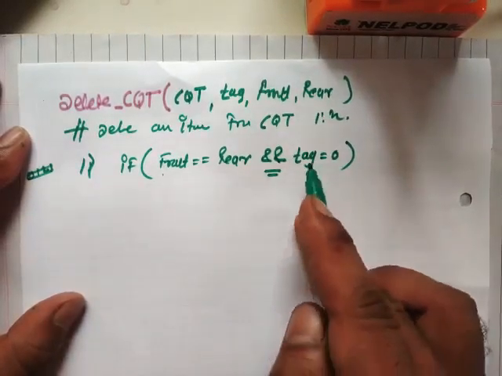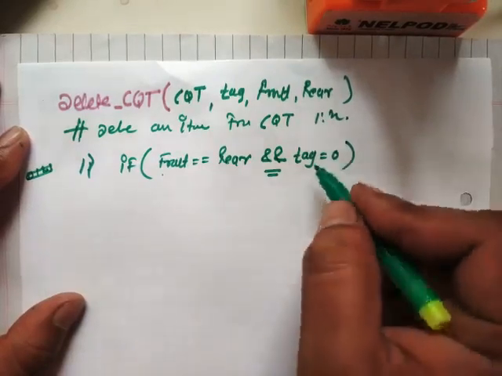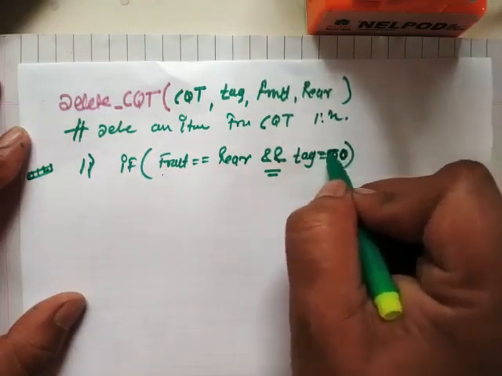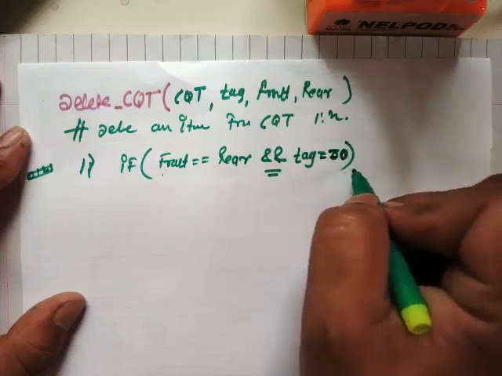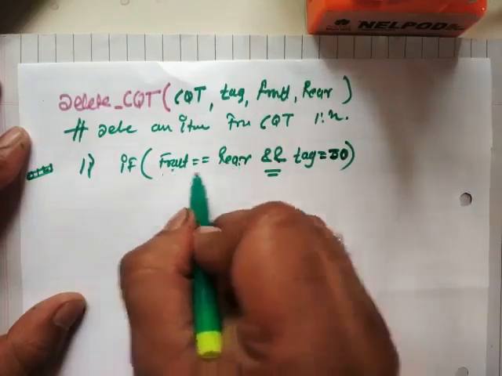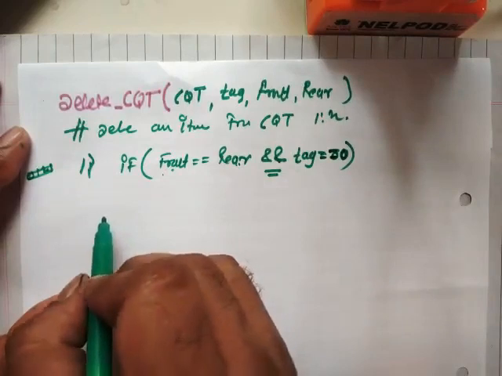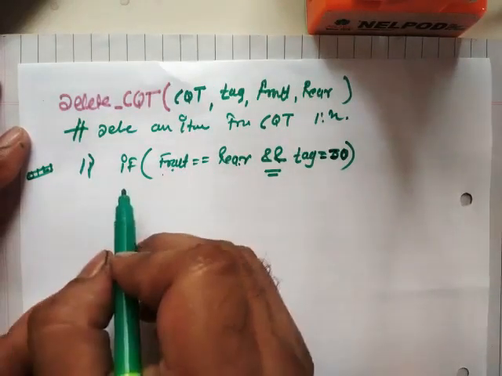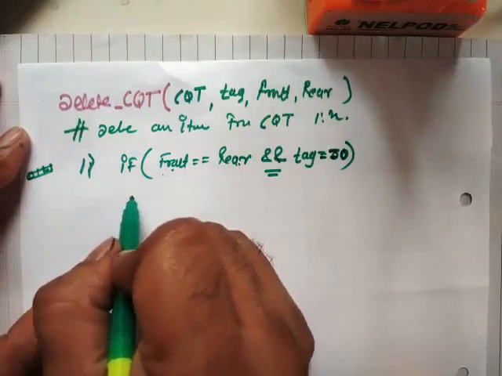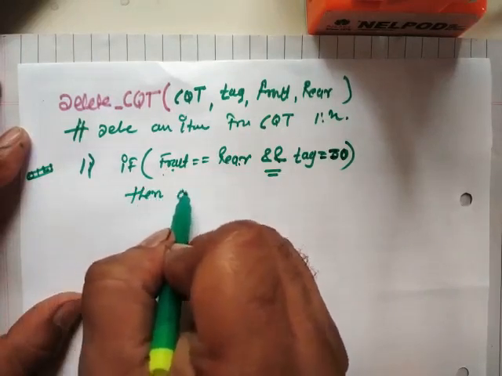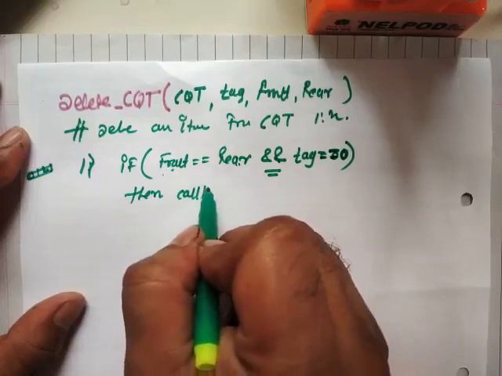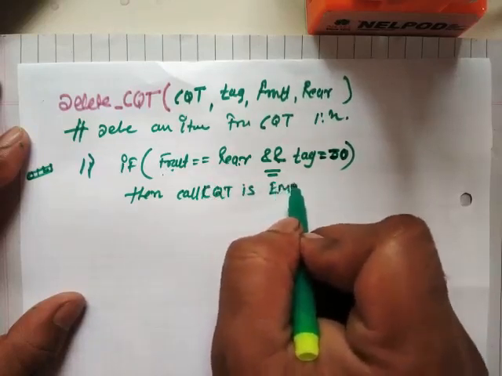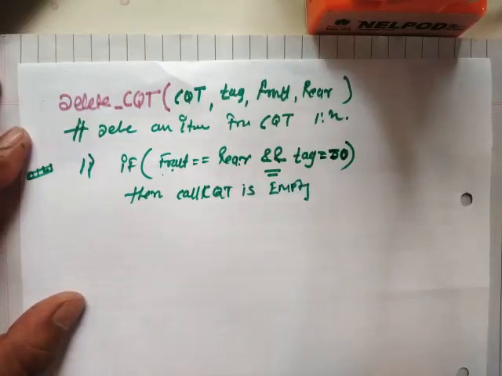If tag is equal to 0 and front and rear both are pointing to the same position, that means circular queue with tag is empty. Then call CQT is empty. Very simple.